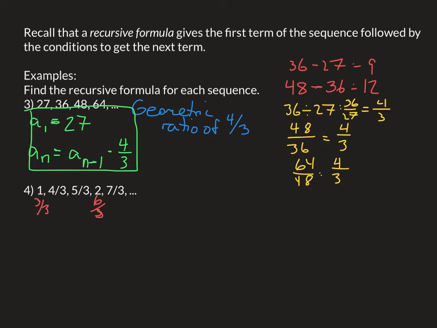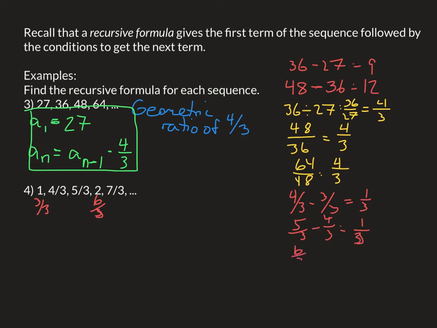That'll help me if I want to check if I have a common difference. So I can take each term, 4/3, minus its previous 3/3. That first one is 1/3. We have a common denominator already when we're doing our subtraction. So I'm taking 5/3 minus 4/3 next, 1/3 again.